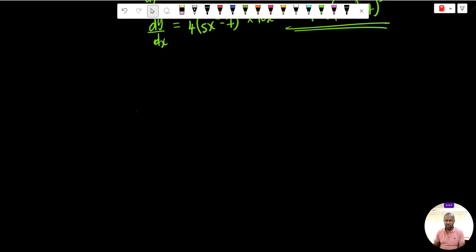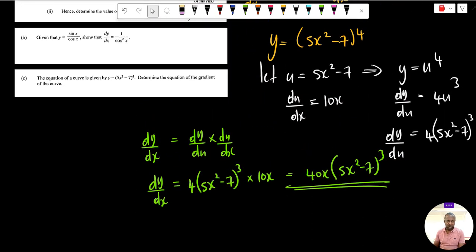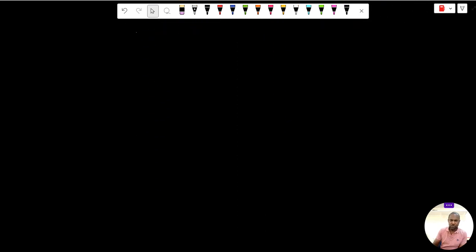We can actually do it in a few shorter steps. So let's write it down. The same problem, y equals 5x squared minus 7 to the power of 4. Right, so we recognize that this is a composite function, and we'll apply the chain rule, but a shorter way. So this is what we do.